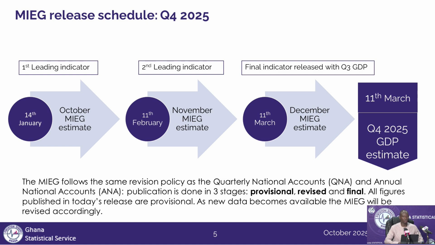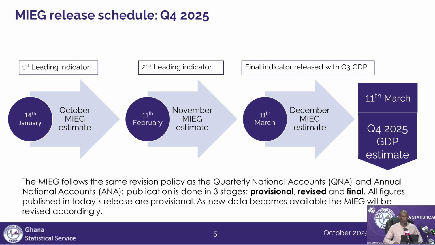So revisions would usually come as a result of our getting improved data, or fuller coverage. And all figures we are going to present to you today are on October 2025 MIEG, and they are provisional.